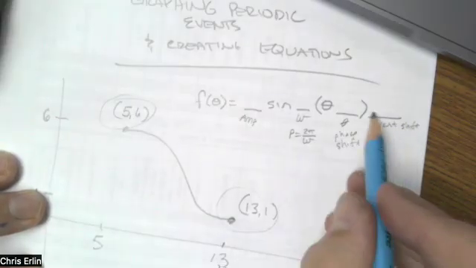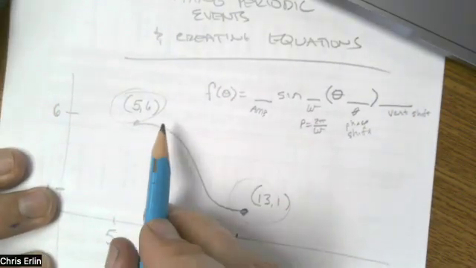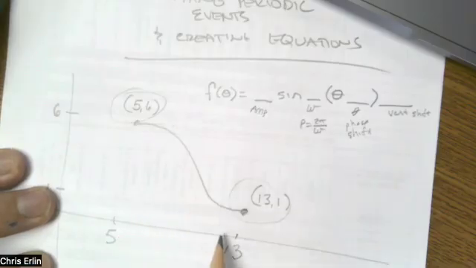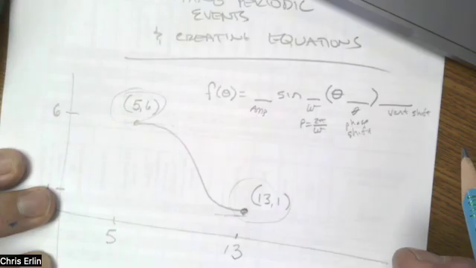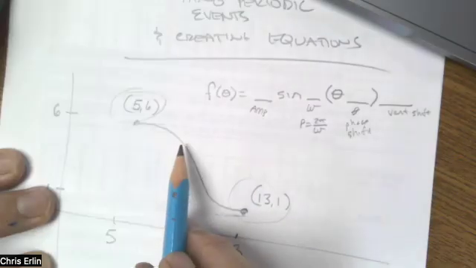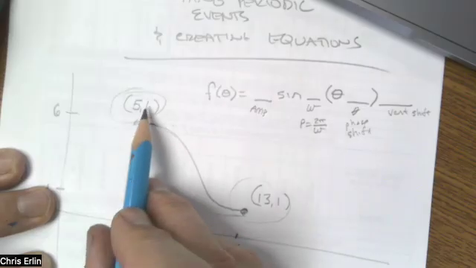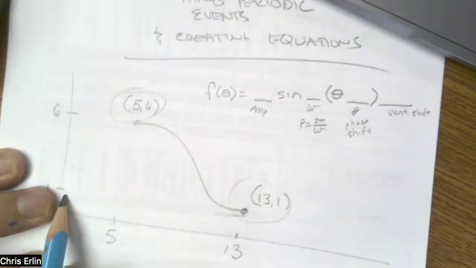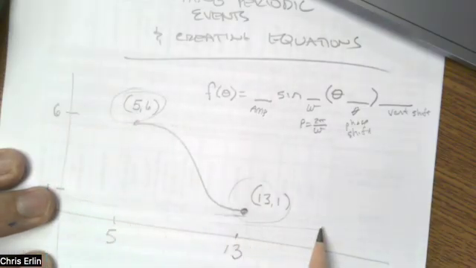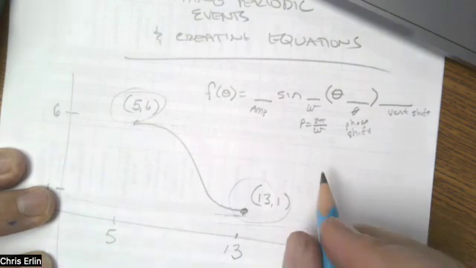Let's work our way back from the vertical shift this way. If we know this is the max value and this is the min value, what's the vertical shift? Five? I think it's like right here. Where is it relative to this 6 and this 1? Halfway between.